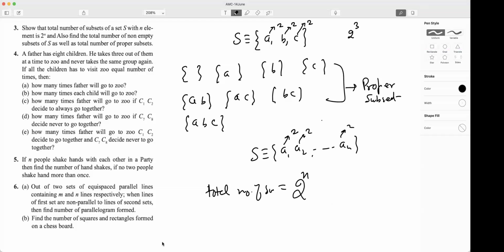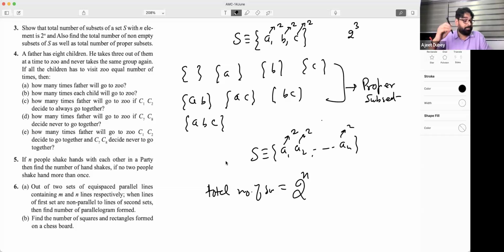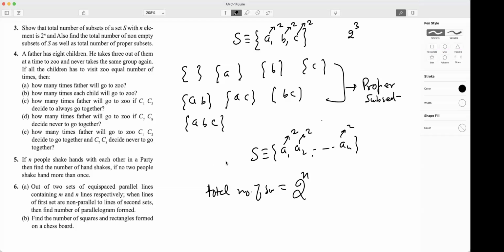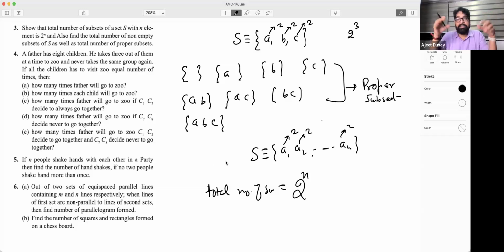Sir, I have one question. If a number is in a set, every number has 2 chances: either it may go in the subset, or it may not go.